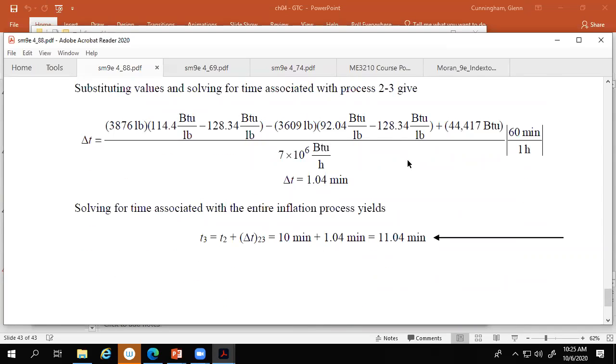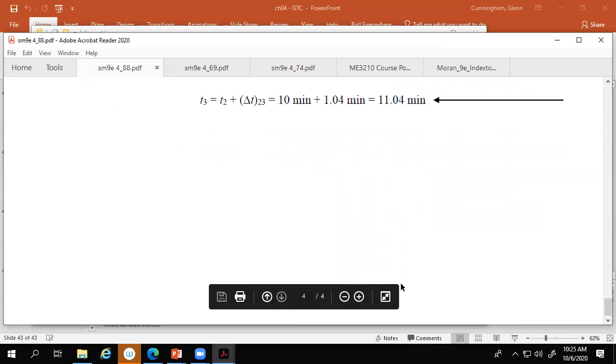So putting all that in, dividing by 7 million, and converting to minutes, we get 1.04 minutes. And the total time is the 10 minutes for the first process plus the 1.04, so 11.04 minutes total. Woo!